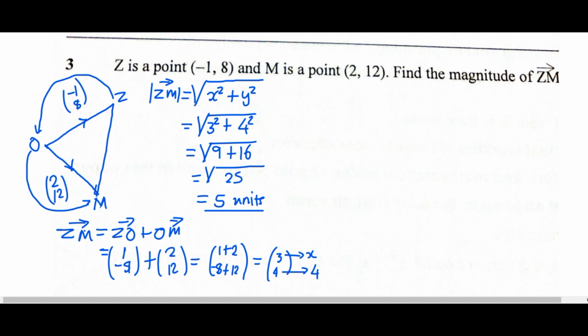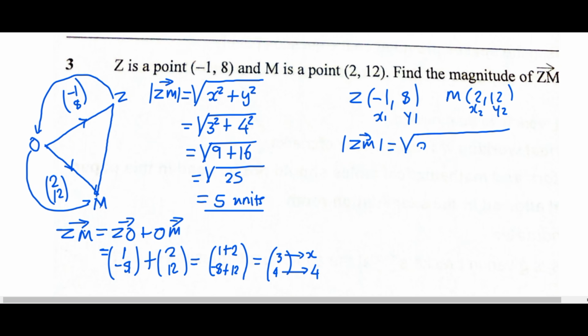Let's also find the same magnitude using the formula for the distance of a straight line. So we'll say Z is equal to negative 1 comma 8, which is x1, y1, and M is 2 comma 12, which is x2, y2. So the magnitude of ZM in coordinate form is the square root of x1 minus x2 squared plus y1 minus y2 squared.